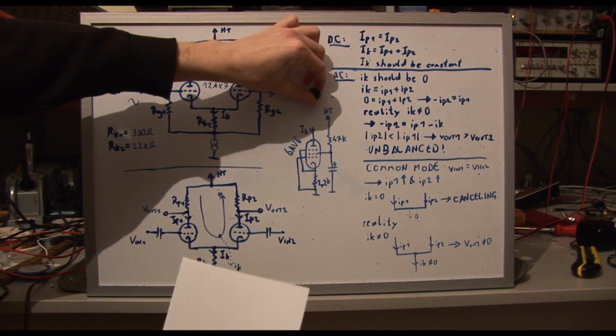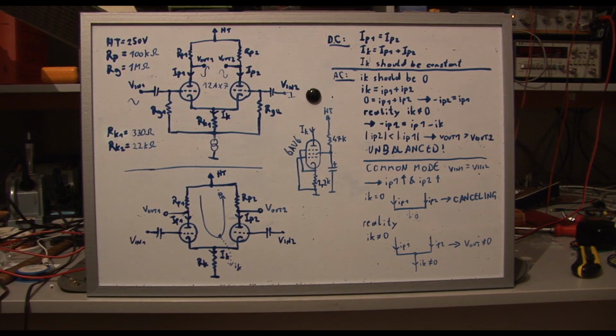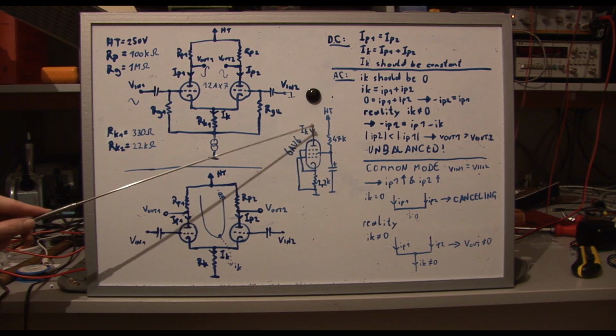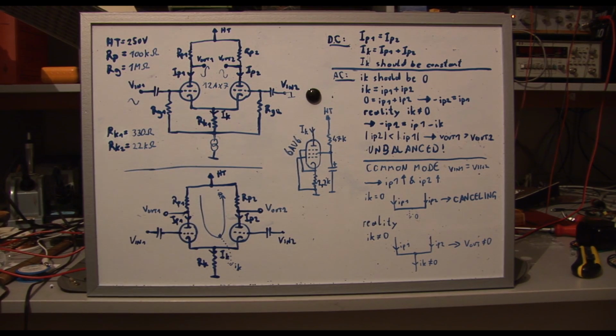So let me put it here. The solution for this is just a simple pentode connected in a way so that it acts as a current source. So actually this point here must be connected here. So just connect this point here to ground.